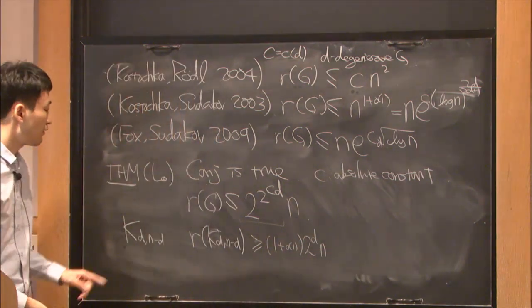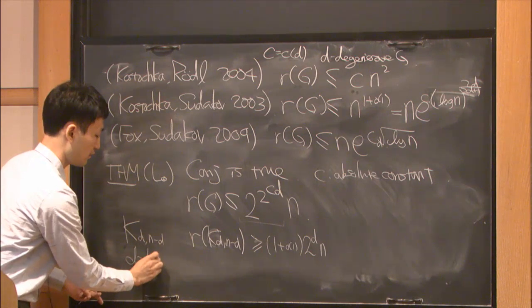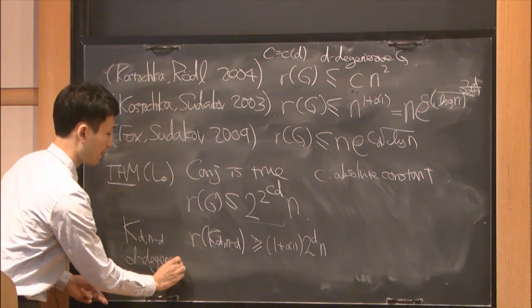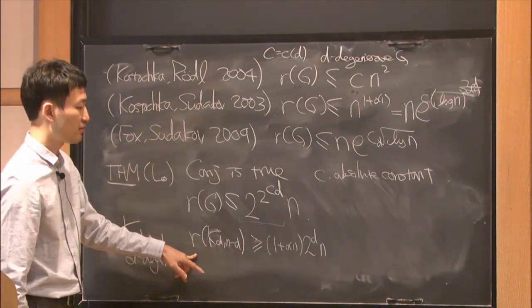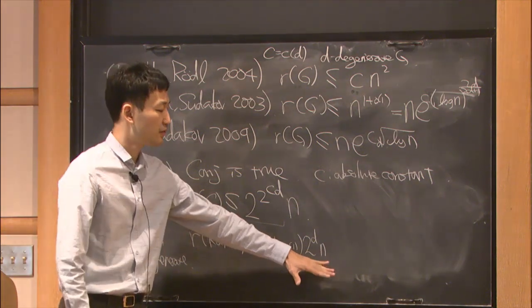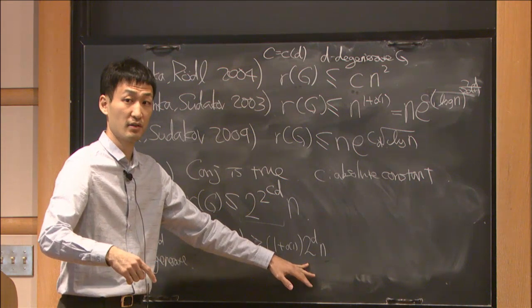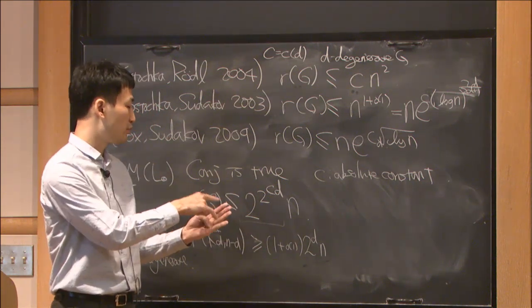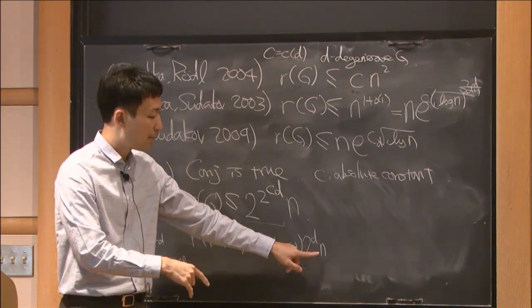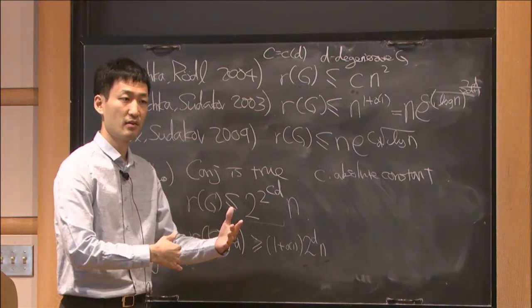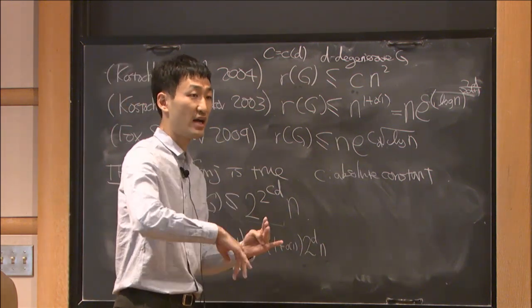The reason is, first of all, this is degenerate, you can easily check it. And the reason this bound holds is simply to take a complete graph on this many vertices and randomly color the edges in 2 colors.